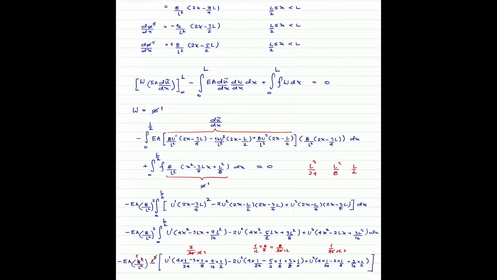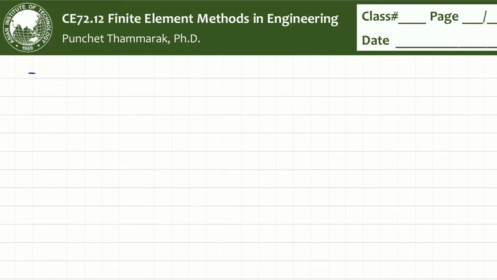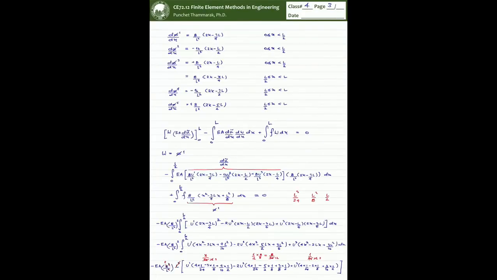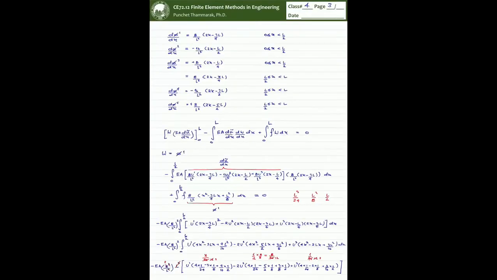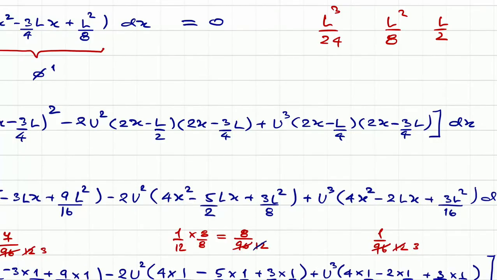So let me express this in the next page. Minus EA over L over 2, EA over L over 2. And then 7/3 U1 minus 8/3, right?